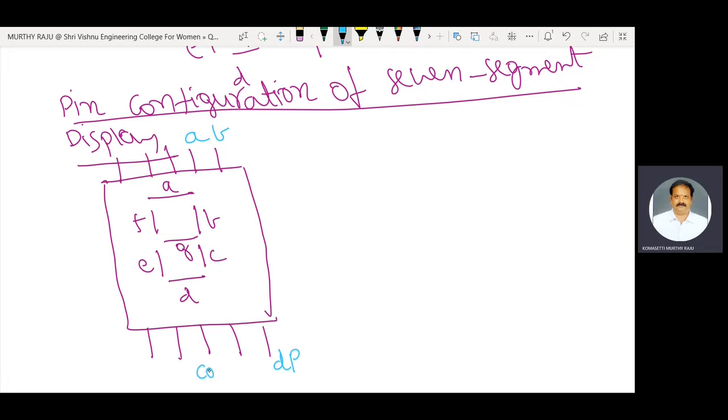There are common points, and this one is G, F, E, D, A, B, C, D, E, F, G, and some common point is there. This is the pin configuration.